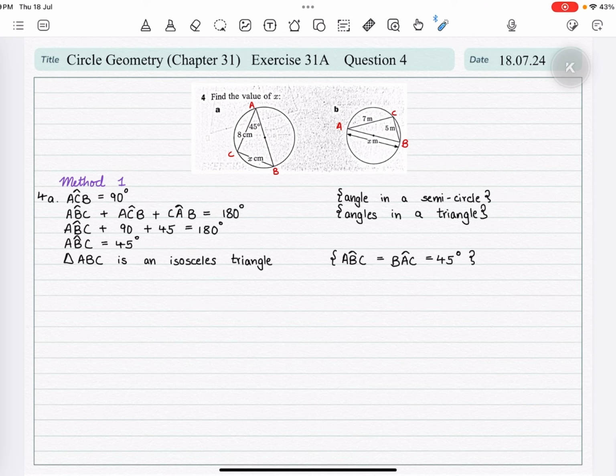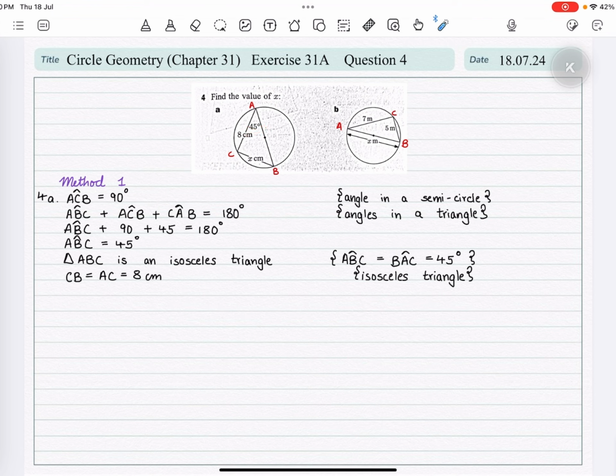Then we say triangle ABC is an isosceles triangle because angle BAC is equal to angle ABC. These angles are equal to each other because they're both 45 degrees. So the base angles are equal, so these sides must also be equal.